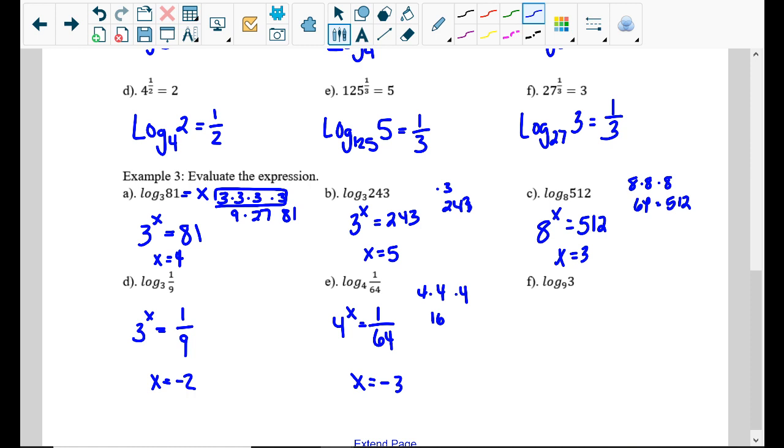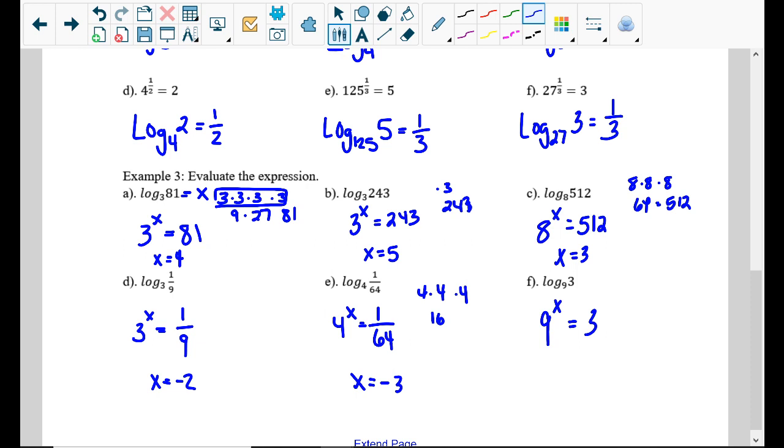And the last one here, 9 to what power equals 3. Here you see that number got smaller. The only way for that number to get smaller is to take a root of it. In this case, the square root of 9 is 3.